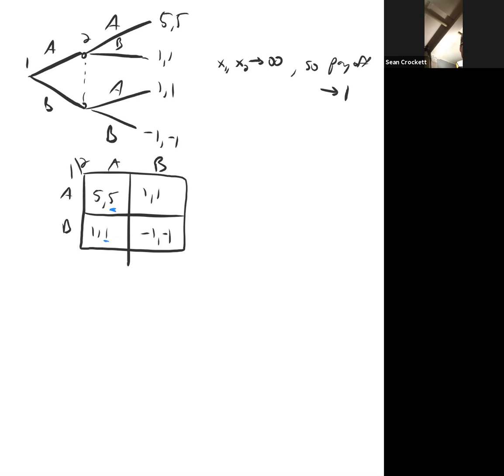So yeah, the unique SPNE is for player 1 to play A, x is as big as you can picture, and for player 2 to do the same. Oh, sorry, pick A.